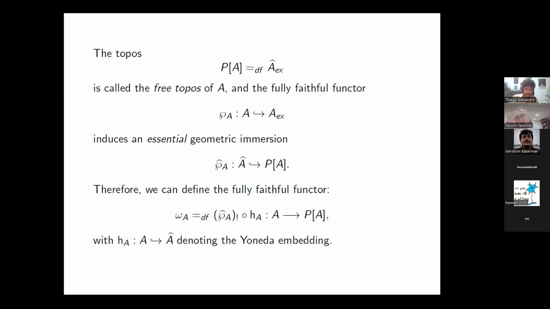A Cartesian envelope of A has finite limits, and if you take the hat of that, it's going to have all colimits. But does it still have all finite limits?